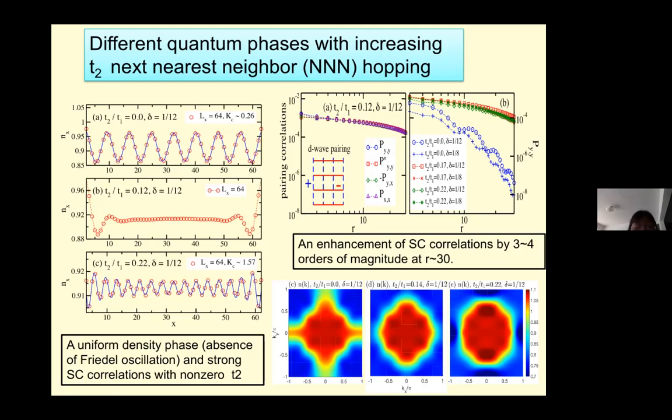But the density correlation has a power law behavior with an exponent somewhere between 1 and 2. Right. So that's roughly consistent with it being a much weaker effect, a Friedel oscillation sort of thing. Yes. Okay. Thank you.